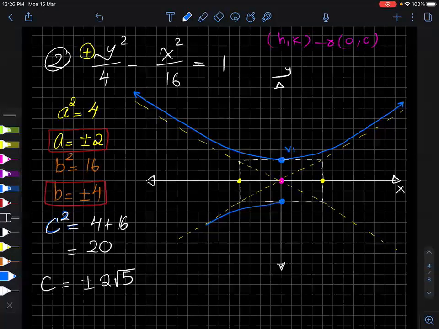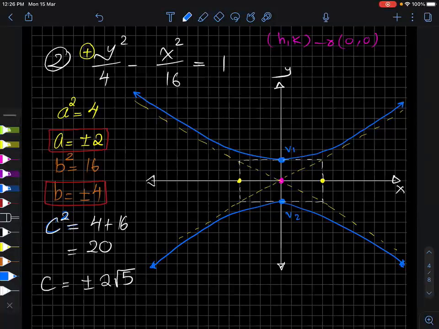You should approach the asymptotes, guys. That's why we have to draw our asymptotes. Start from vertex 1 and vertex 2 and make your curve like this. So we have 2 branches, as you see, opening up and down.